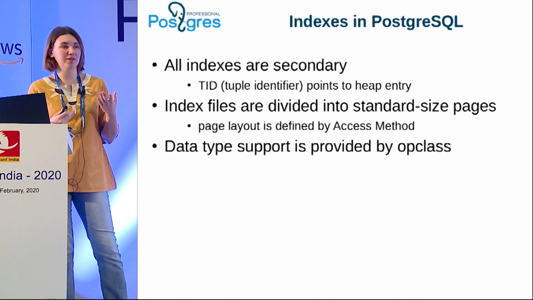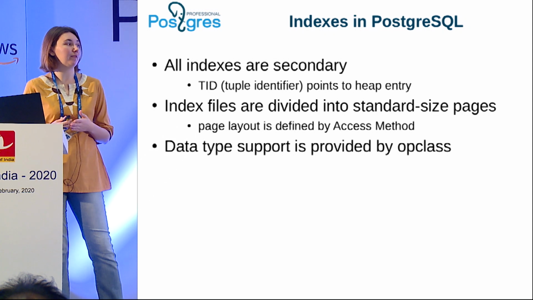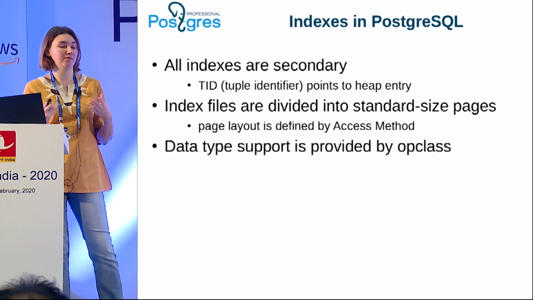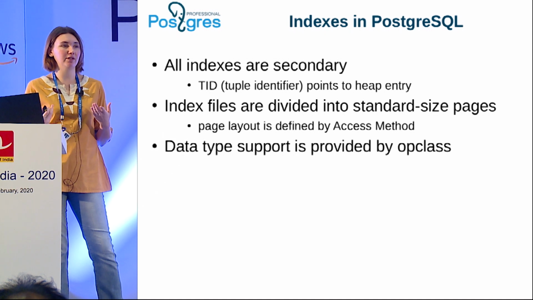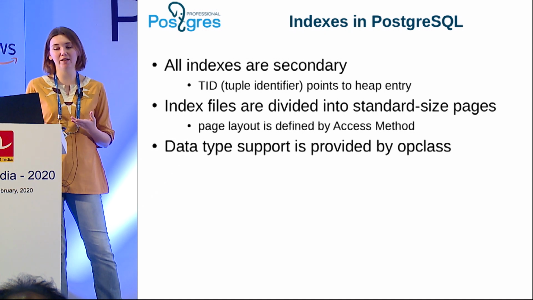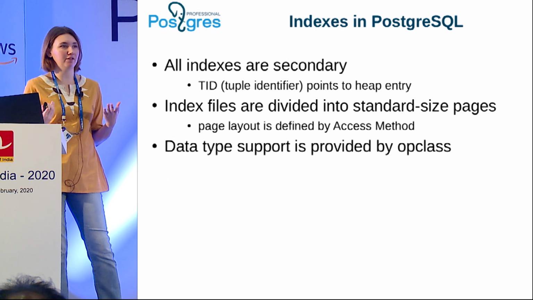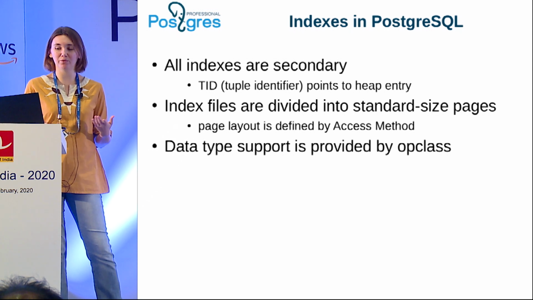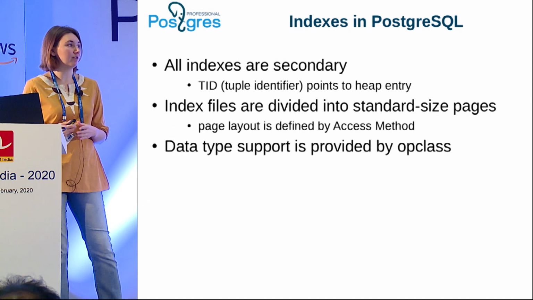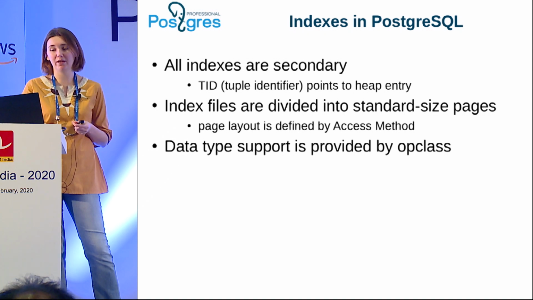Data type support is provided by opclass. It's a special object in a Postgres database, which defines how exactly this data type will be compared with this access method. So obviously, you compare integers and text data in different ways, and opclass is responsible for this implementation.